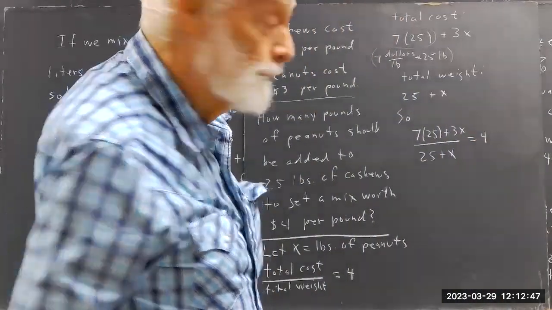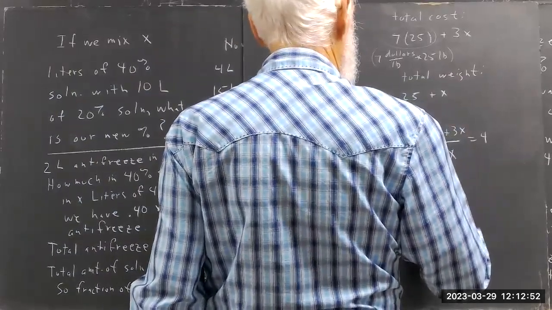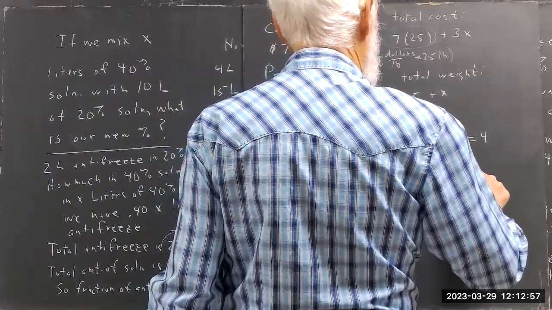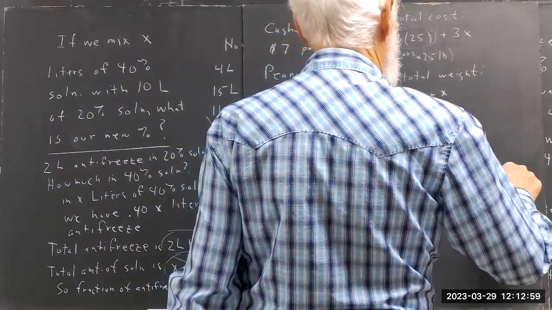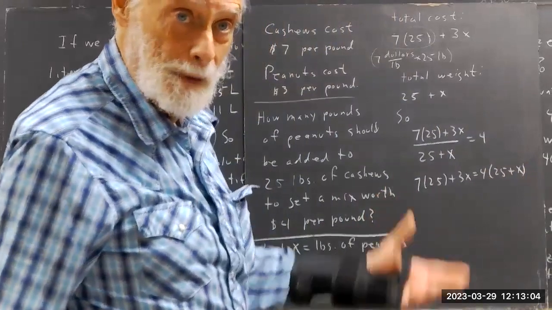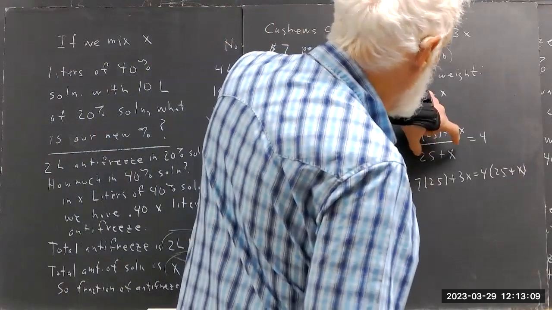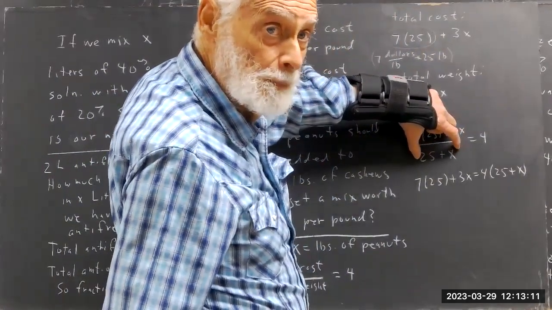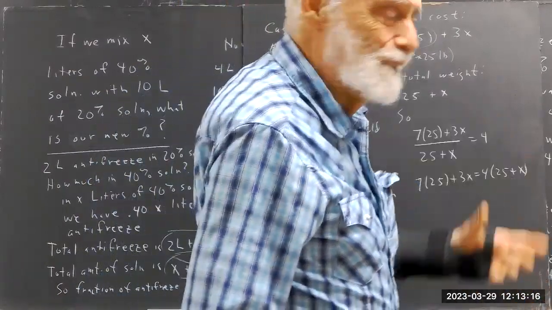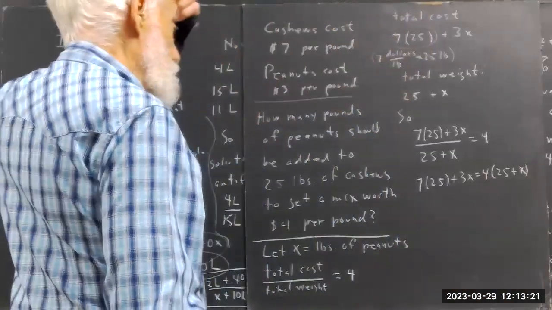We solve for X. So that gives us (7 times 25 plus 3X) over (25 plus X) equals 4. Multiply both sides by the common denominator, the only denominator in this case. And again, we want to be careful to make sure our denominator can't be 0. But X is not going to be negative 25 pounds. We're not taking pounds away. We've got to add some peanuts to get the cost down to $4 a pound.